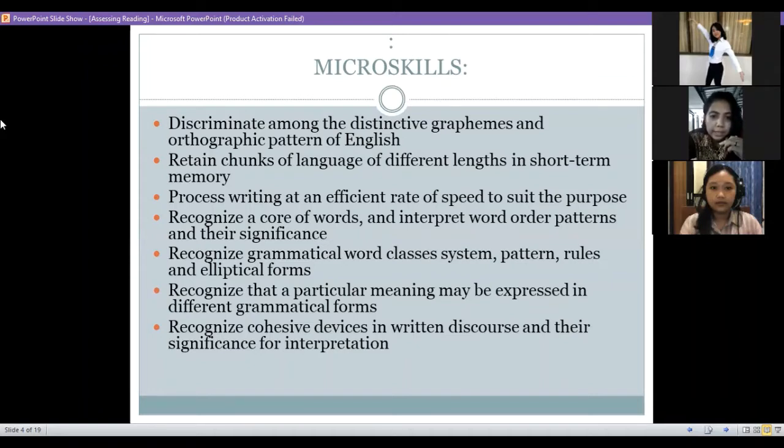And the sixth is to recognize that a particular meaning may be expressed in different grammatical forms. It means that we have to master the various types of grammatical forms. And the last is to recognize cohesive devices in written discourse and their significance for interpretation. It is about the relatedness in sentences. Okay, next.